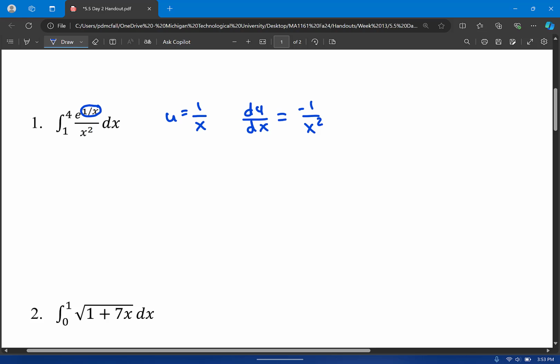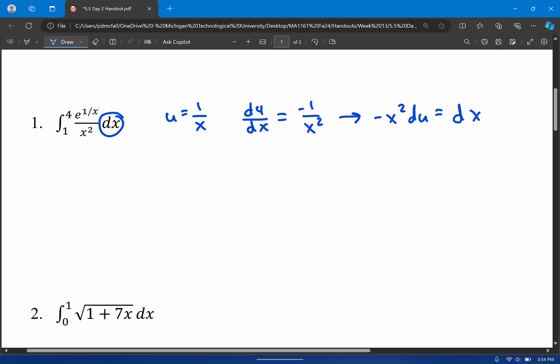And then I'm going to solve for dx. So negative x squared du is equal to dx, right? So that's rearranging this equation to solve for dx. Multiply dx over to the right, multiply x squared to the left, and also that negative sign. And so eventually I'll be able to replace dx with negative x squared du, right?